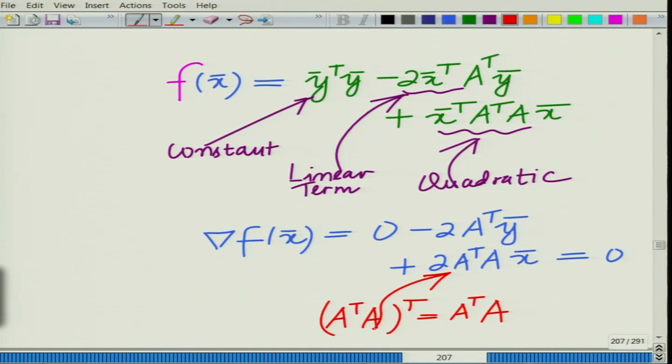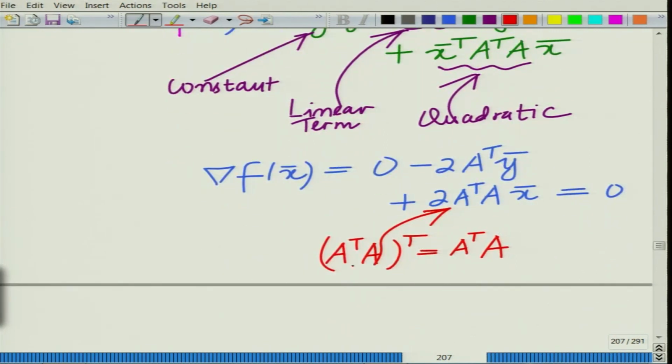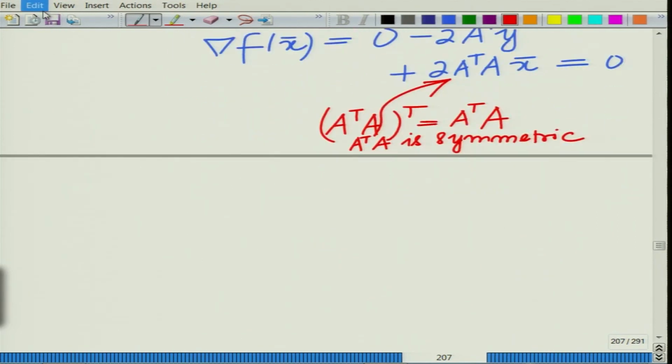You can easily see that A transpose A is symmetric, and setting the gradient equal to 0 implies, of course the 2's cancel, A transpose A x bar equal to A transpose y bar.